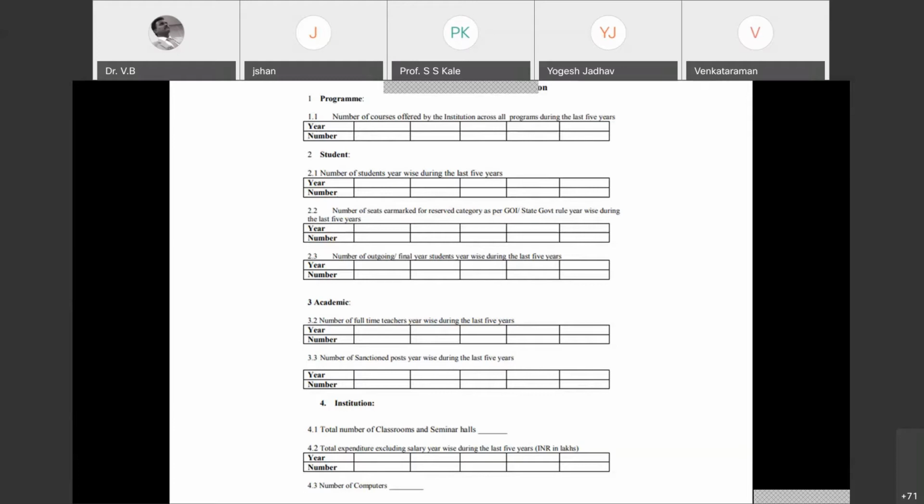So the first one, you have to provide the number of courses offered by the institution across all the programs during the last 5 years. As we discussed during session 1, here they are asking you the number of courses, which roughly translates to the number of subjects offered by the institution across all the programs.